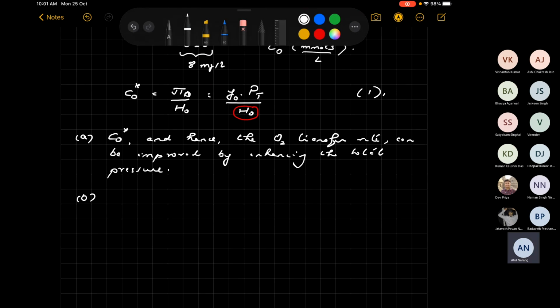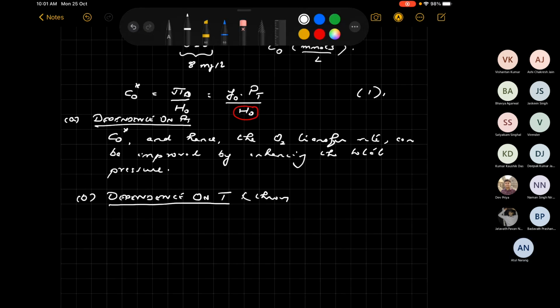So A deals with the dependence on total pressure. B deals with the dependence of C_O* on temperature, but this happens through the variation of H_O, the Henry's law constant, with temperature.